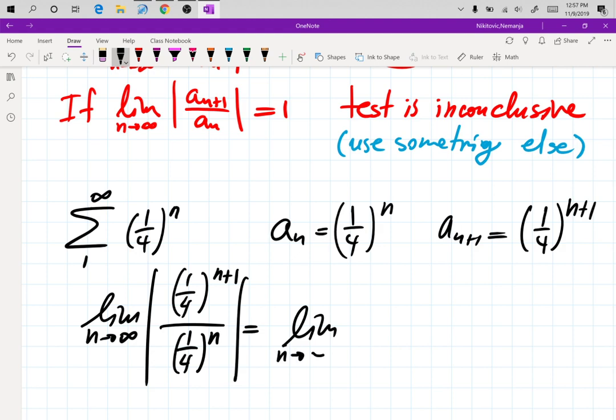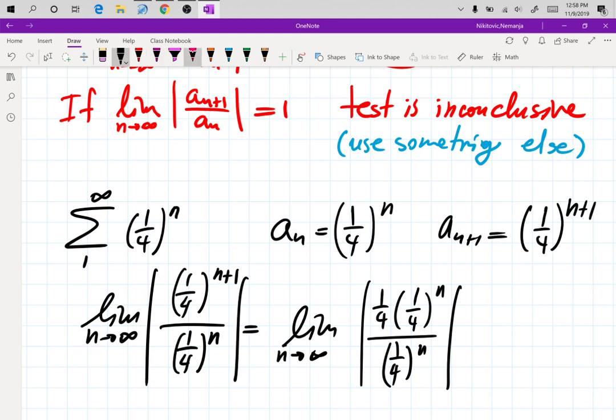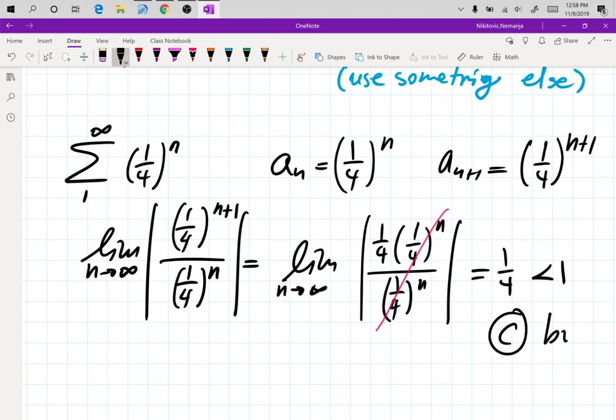Don't forget absolute values. So we have (1/4)^n divided by (1/4)^n. We peeled off one of these, and you can see that these guys go dead right there, and we just have 1/4. 1/4 is less than 1, and we say converges by ratio test. So here is your good old, very well-known problem from before, solved using ratio test, because the limit worked out to be less than 1.